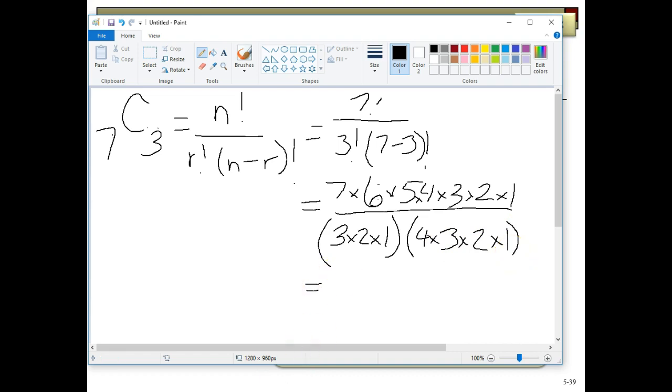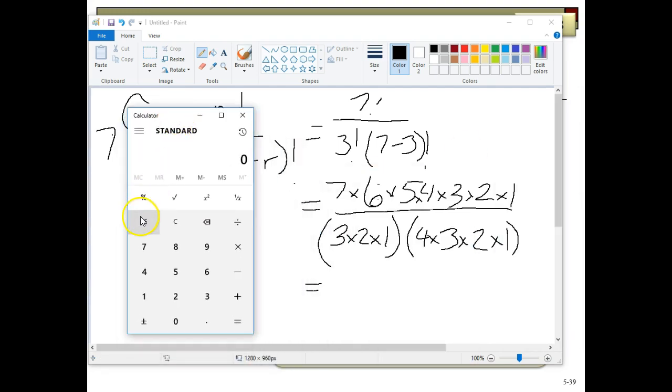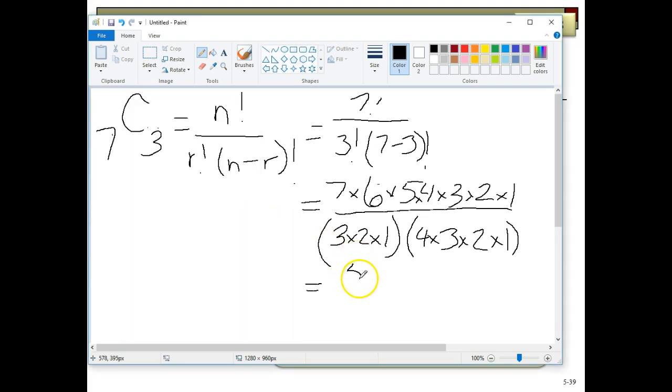So let's get our calculator here. And we can do 7 times 6 times 5 times 4 times 3 times 2 times 1 is 5,040. 3 times 2 times 1 is 6. 4 times 3 is 12. 12 times 2 is 24. 24 times 1 is 24.